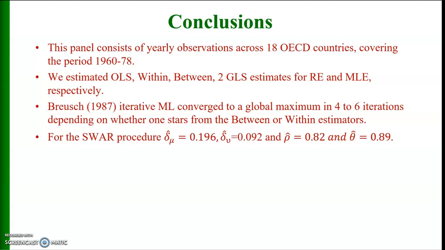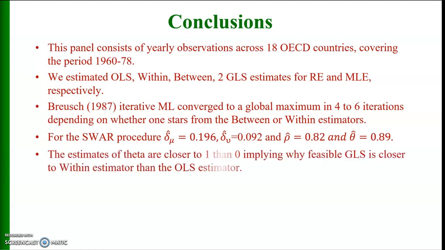For the SWAR procedure, sigma mu hat is equal to 0.196, and sigma nu hat is equal to 0.092, and rho hat is equal to 0.82, and theta hat is 0.89. That can be seen in the estimation that I used in Stata.